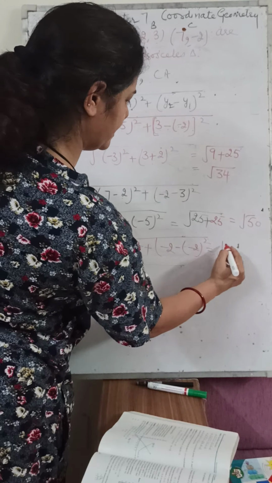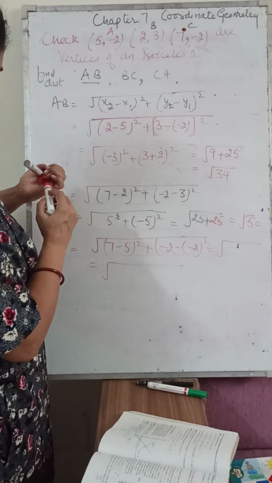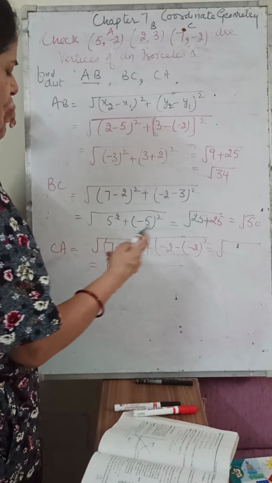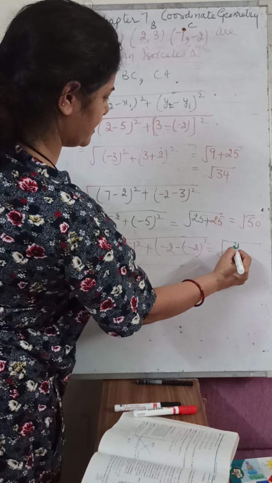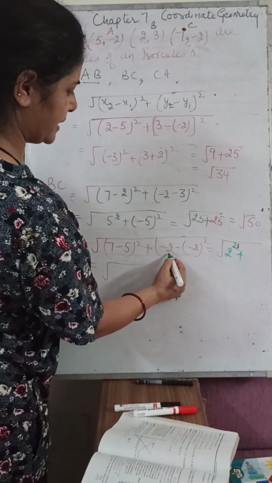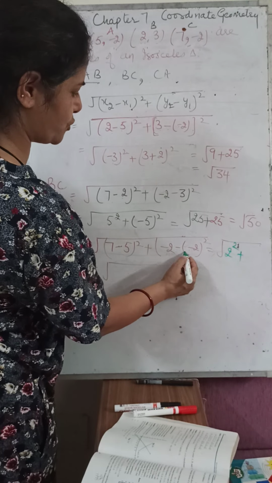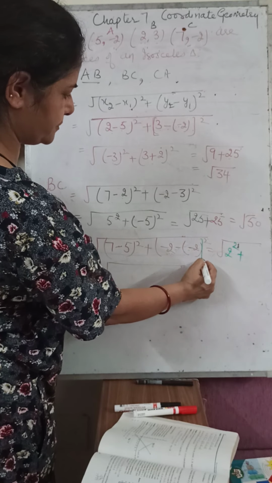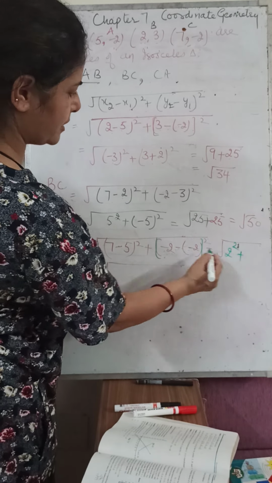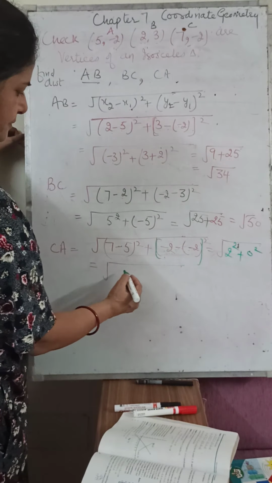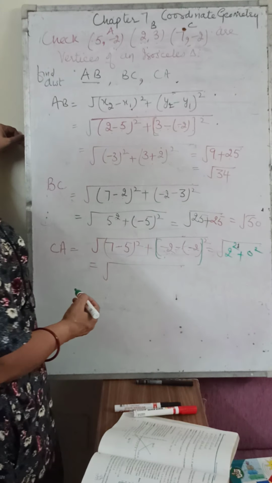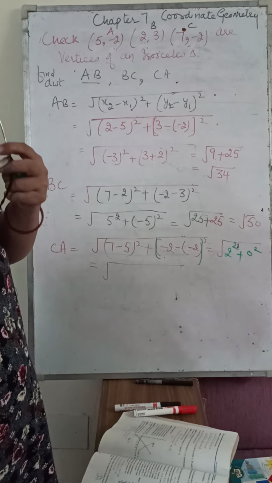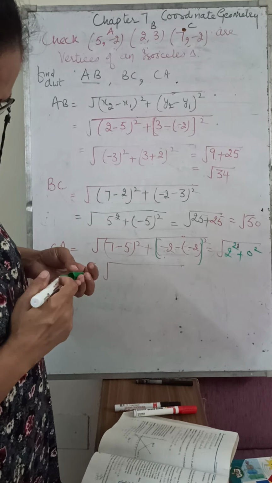It comes out to be 7 minus 5, 2 whole square, and minus 2 plus 2 because minus minus becomes plus, right? It comes out to be 0 whole square. Clear? Any doubt here?